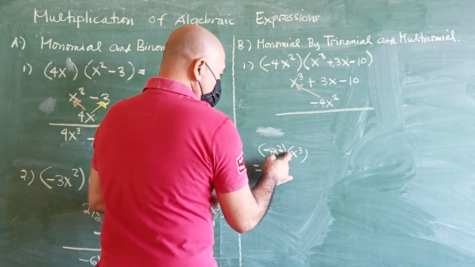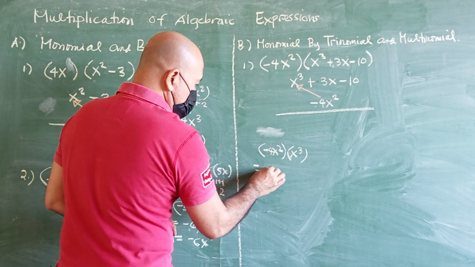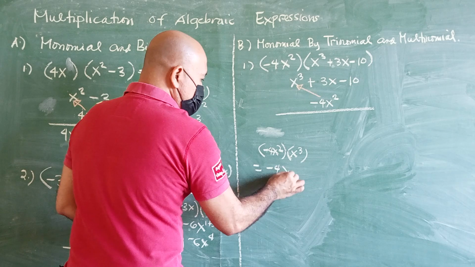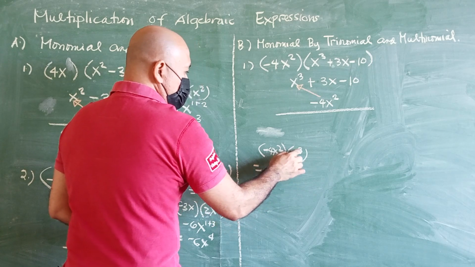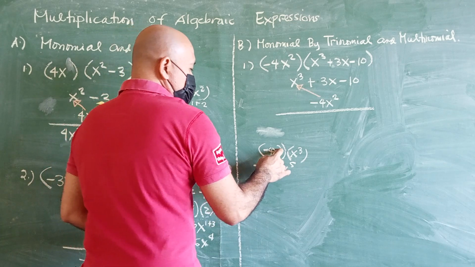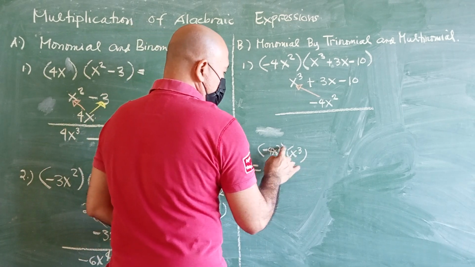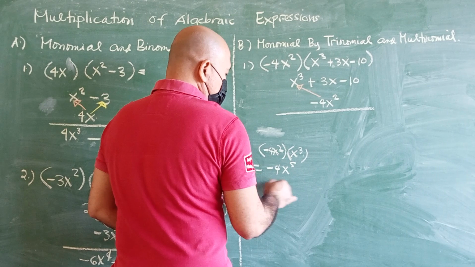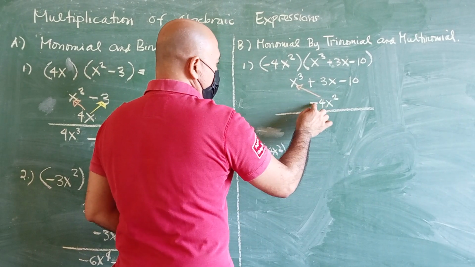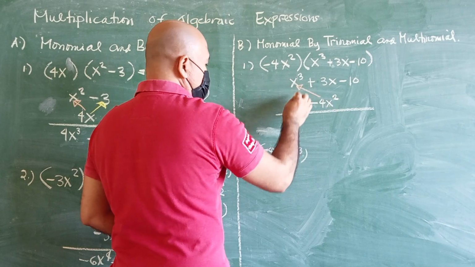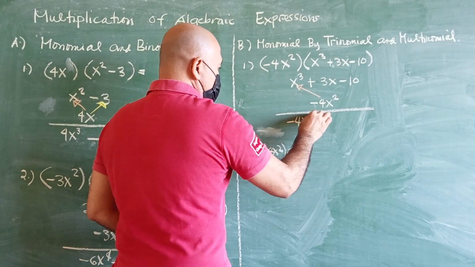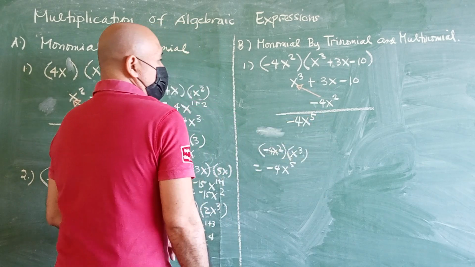Understood, there's 1 here. So negative 4 times 1 is negative 4. And then bring down the common variable, that is x, and then 2 plus 3, that is 5. 2, the first exponent, and 3, the second exponent, add them together, and that is x raised to the power of 5. So the answer here, when we multiply negative 4x squared times x cubed, is negative 4x raised to the power of 5.